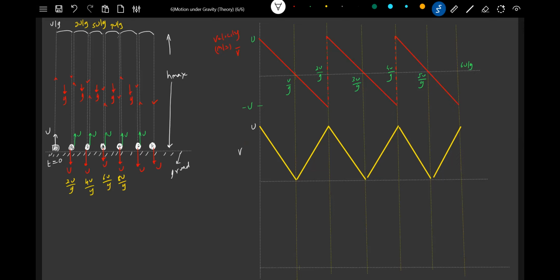This is speed. This is what the times are: u by g, 2u by g, 3u by g, 4u by g, 5u by g, 6u by g.